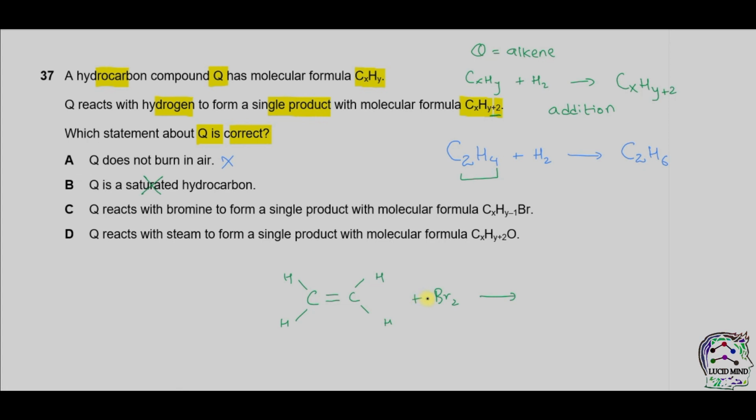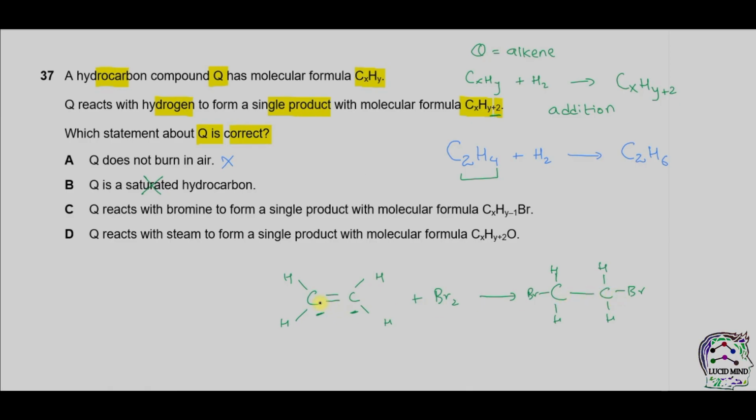What will happen is that addition reaction takes place and one bromine is added to first carbon, second bromine is added to second carbon, double bond gets converted into single bond. This is the case with all alkenes.